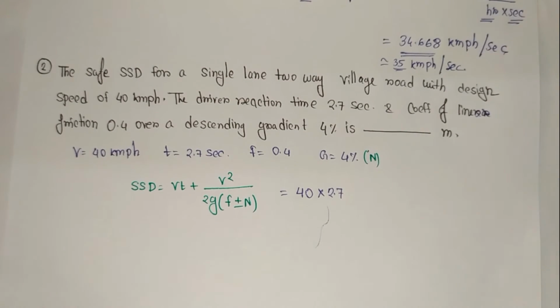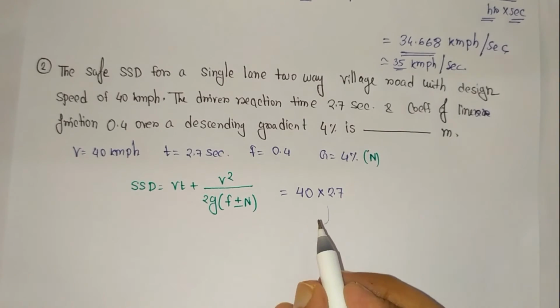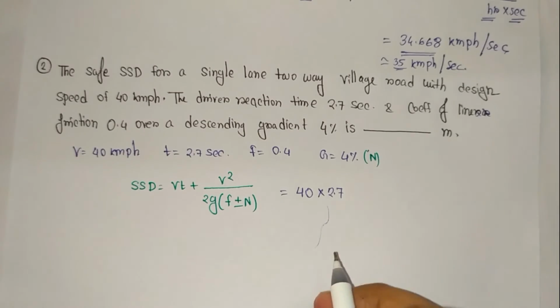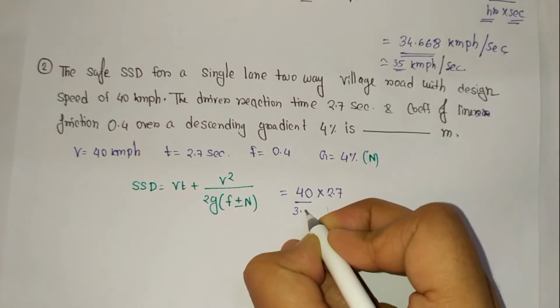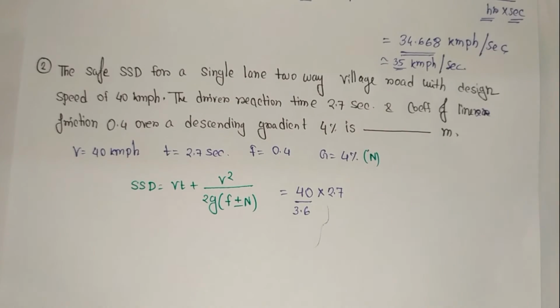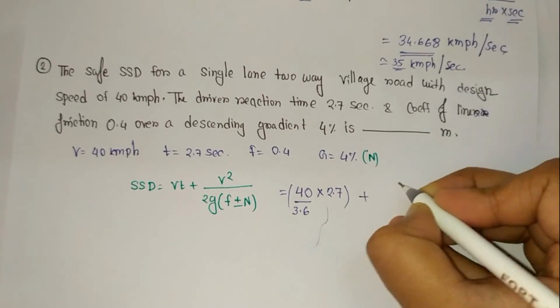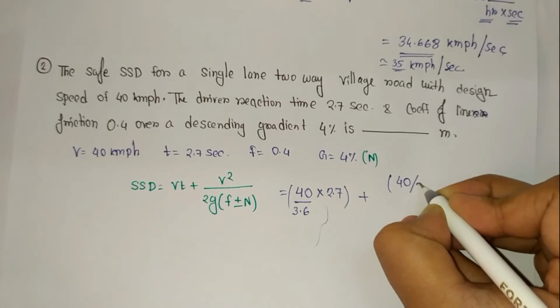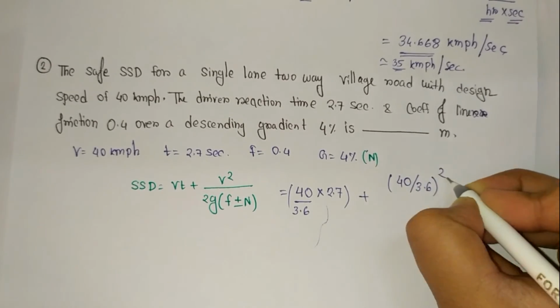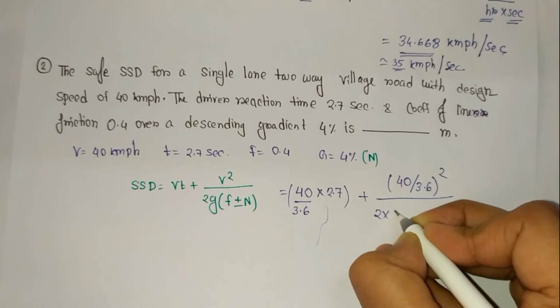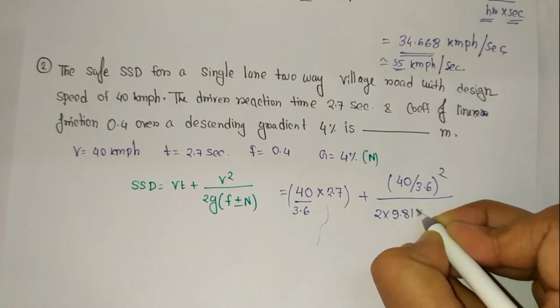Now V is given in kilometer per hour, so we have to convert it into meter per second. In the previous question I have told you already, to convert kilometer per hour to meter per second, we divide by 3.6 or multiply by 5 by 18. So it is coming as Vt, that is 40 whole divided by 3.6, into 2.7, plus V square over 2 into 9.81 into f.